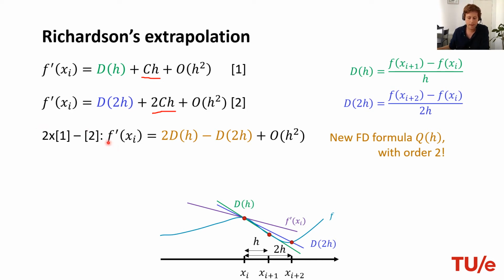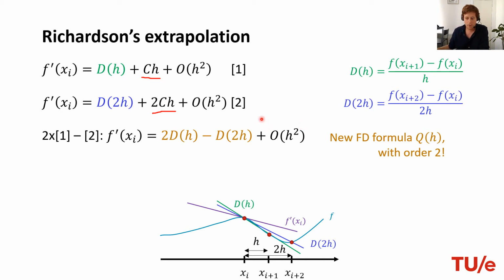The derivative of f at xi, simply plugging in the right-hand sides, is 2 times D h plus 2 c h minus D 2h. And we see that this 2 c h will cancel out the other term over there. So by taking twice this minus this, the h order term cancels out, and what is left is only an error term of order h squared.